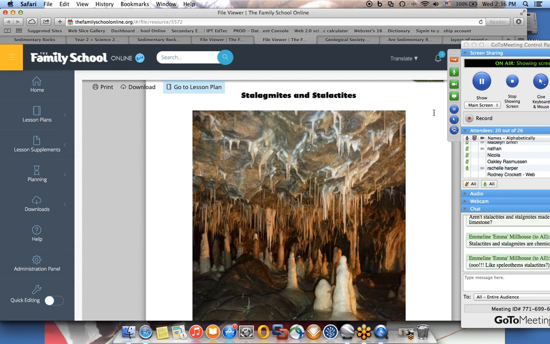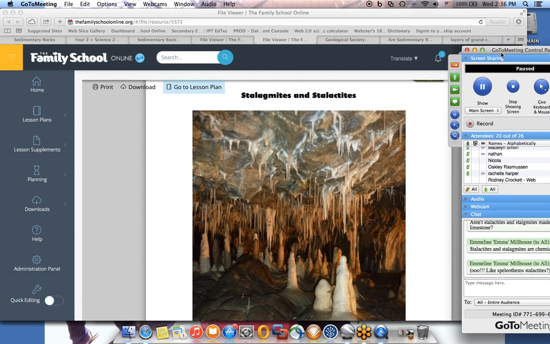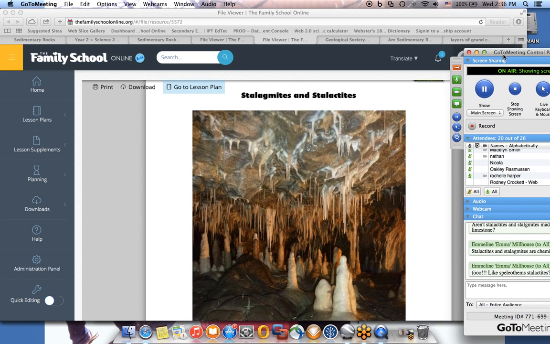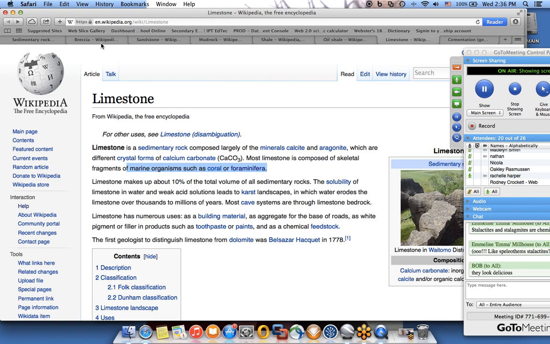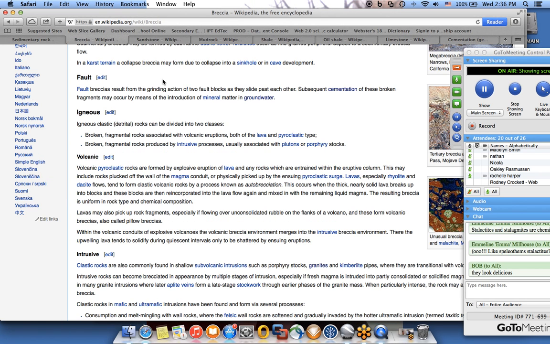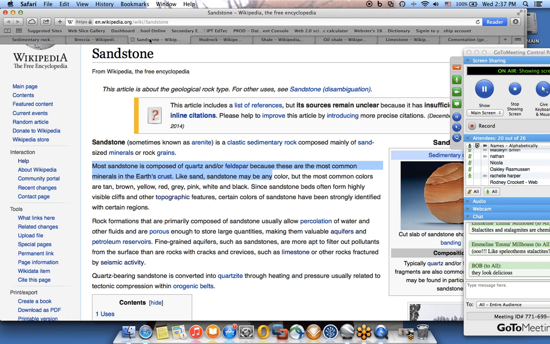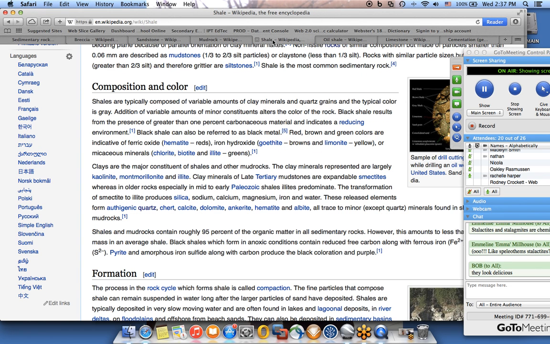Yes, and so we have seen three different types of sedimentary rocks. We have seen sedimentary rocks that are just formed by the deposition of rocks, and they cement together, like the sandstone and the mud rock, shale.